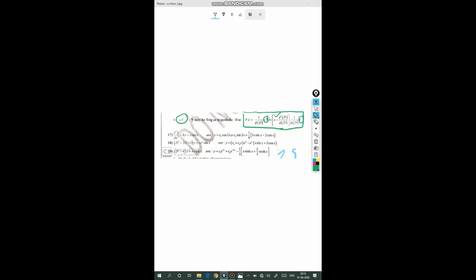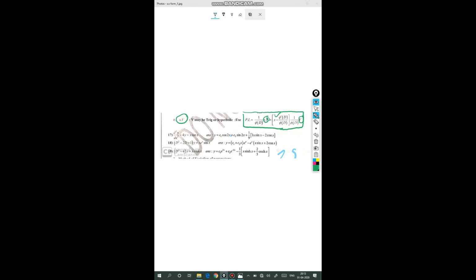So x is taken out from the operator by this formula. We are not going into the derivation of the formula right now. Just learn the formulas and let us apply them to get the required particular integral.